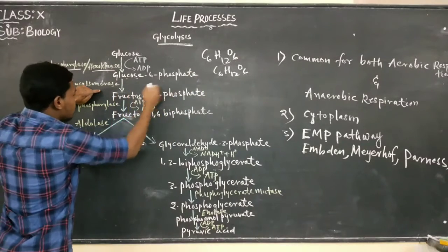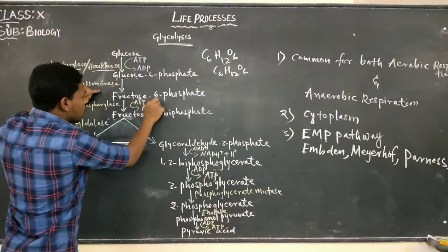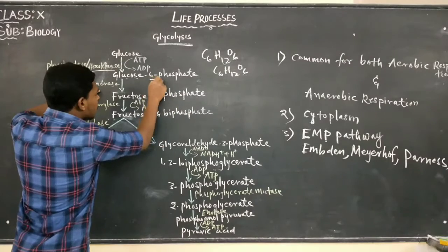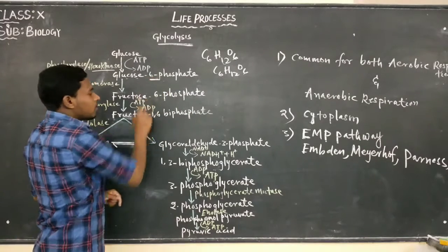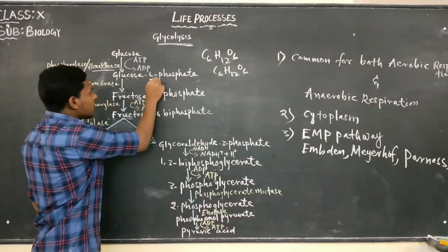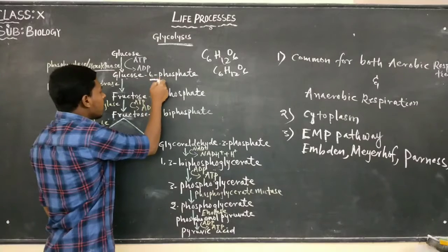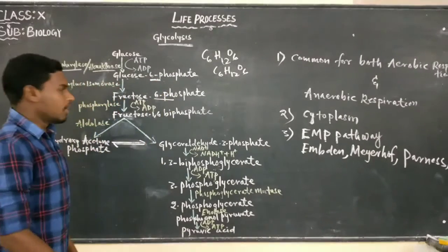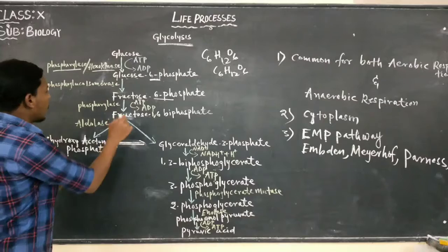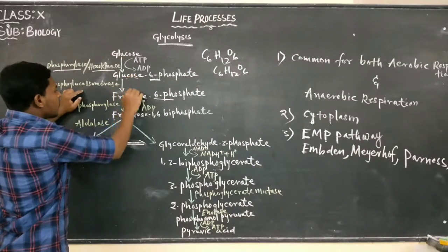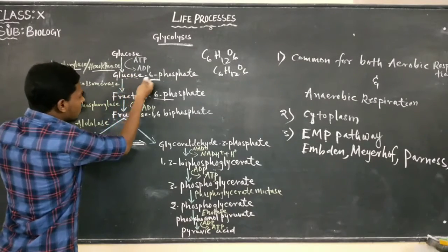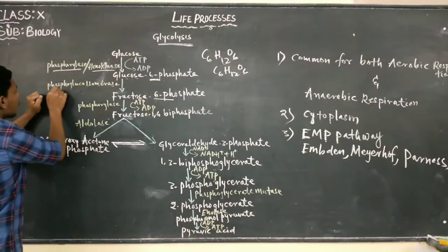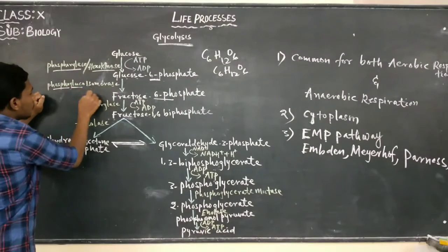So glucose 6-phosphate gets converted into fructose 6-phosphate. Here a hexose sugar is getting converted into another hexose sugar. The enzyme involved in the conversion of glucose 6-phosphate is phosphoglucoisomerase.